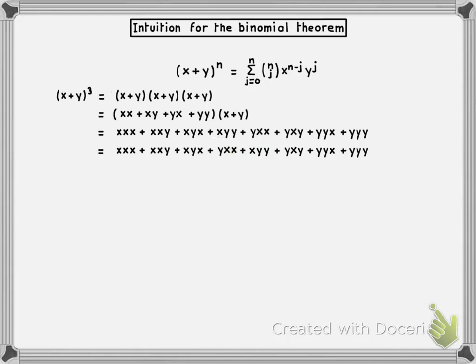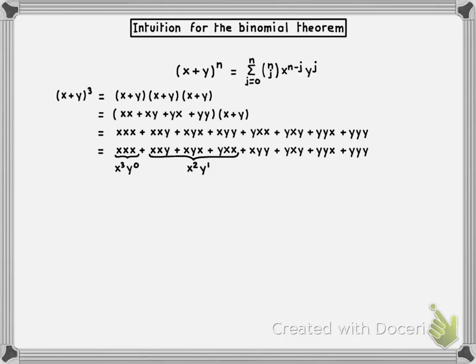And now we can simplify this expression a little bit to see how we get to this sum. We look at the first term here. It's simply x cubed, and we add y to the power 0, which is 1, simply to make this term appear. Now we're going to look at those 3 terms together, and notice what they have in common is that they contain 2 occurrences of x and 1 occurrence of y.